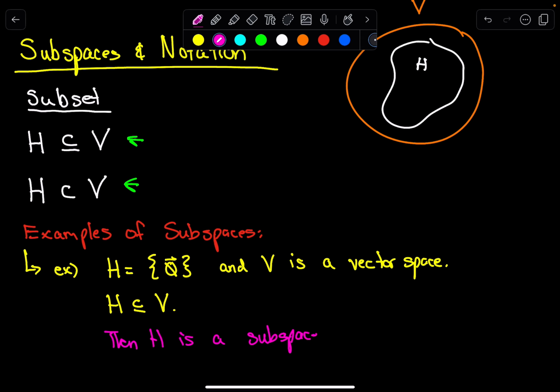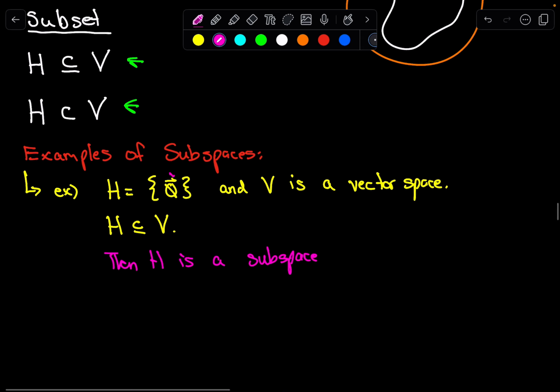If you remember the three criteria for being a subspace, we have to have the zero vector, which is right there, it's the only thing in our set. We have to be closed under scalar multiplication. Well, if I take any C times the zero vector, I'm just going to get the zero vector, and this holds true for all C in the set of real numbers, so that's true.